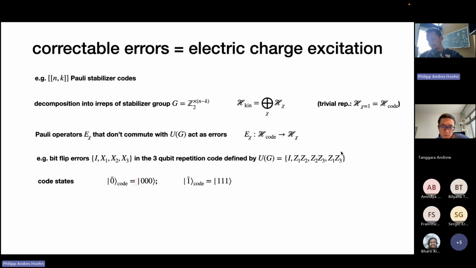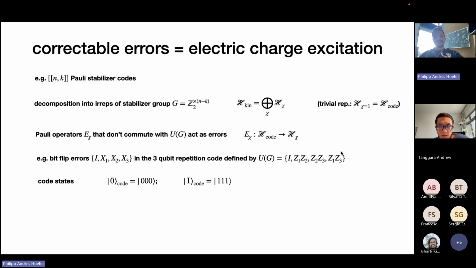So this defines you also this encoding map. The logical 0 gets mapped to a triple of zeros in the physical space, and a logical 1 to a triple of ones in the physical space. And then these guys, they just flip these individual physical qubits and thereby create errors in your code.